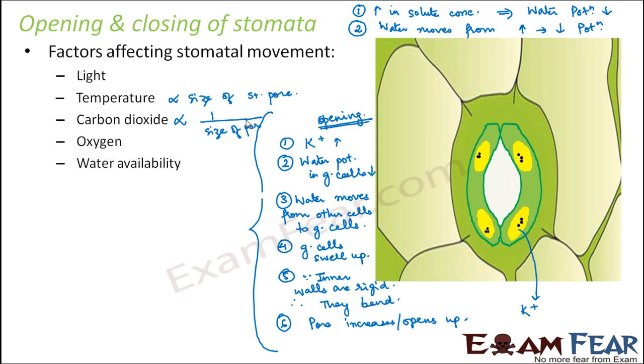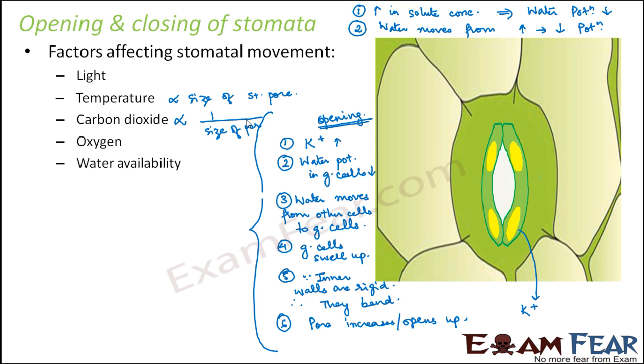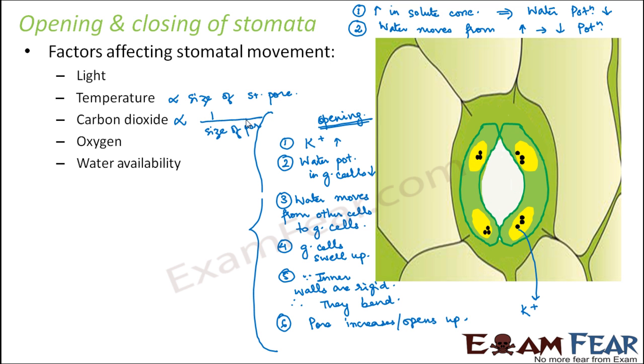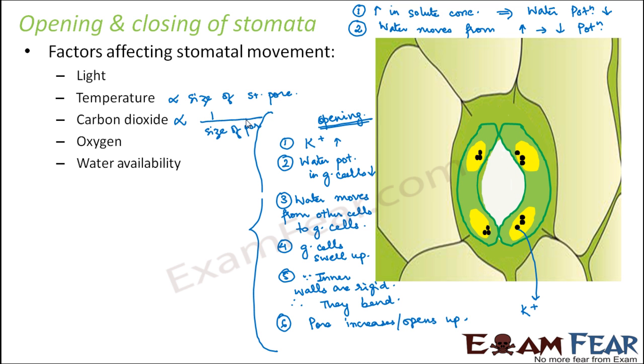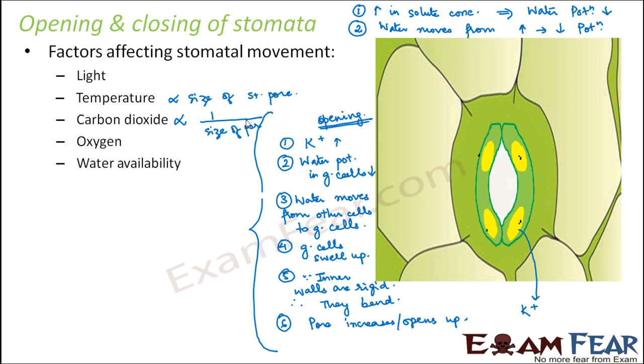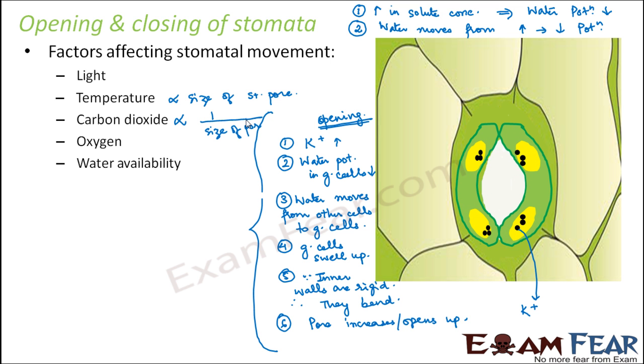Whenever the rate of transpiration is very high due to climatic factors, or if less water is available to the plant, there is not much water in the soil, the stomata doesn't open up, it remains closed, because opening up of stomata will cause some loss of water. So in order to compensate for the rate of transpiration, the stomata gets closed to save some water.